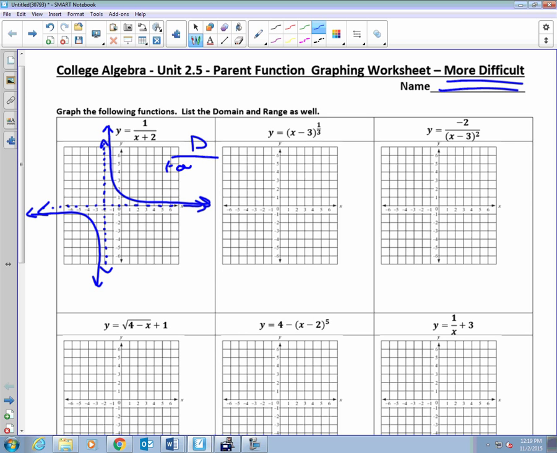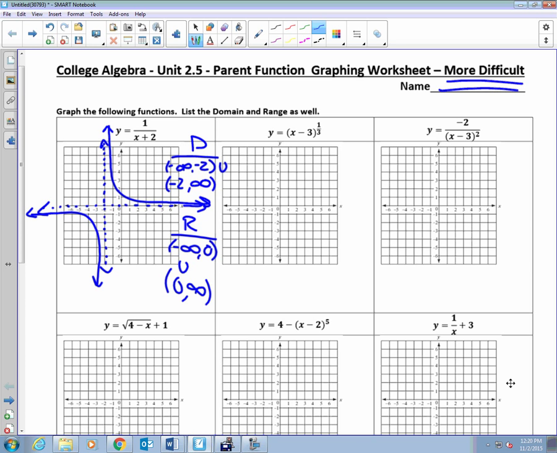So from -infinity to -2, union with -2 to infinity. How about the range? Piece of cake, upside down.